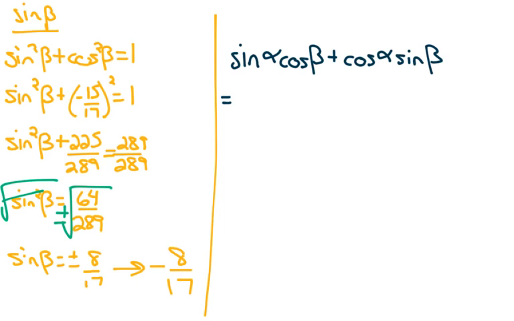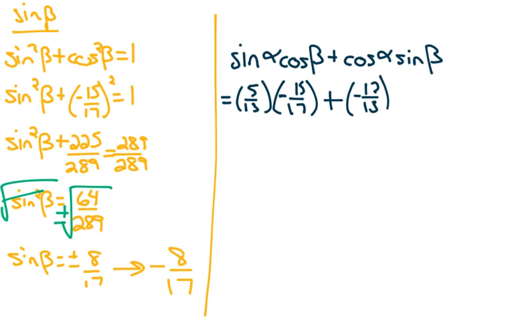So sine A was 5 over 13. Cos B, negative 15 over 17. Cos A, which we calculated on the last slide, was negative 12 over 13. Sine B, which is just to the left, negative 8 over 17.